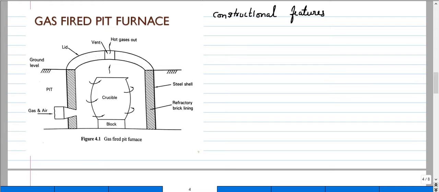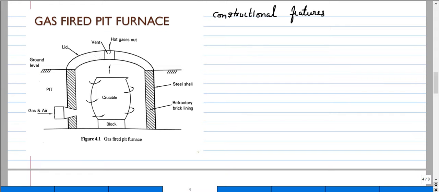The sketch is very simple, not complicated, simple to understand. If you remember this sketch and try to replicate the same in the exam, you will have a chance of better marks. So draw a neat sketch. Okay, let me start the constructional features.